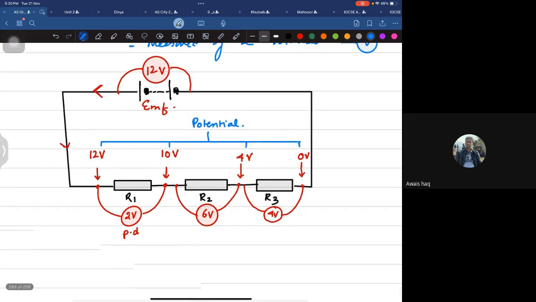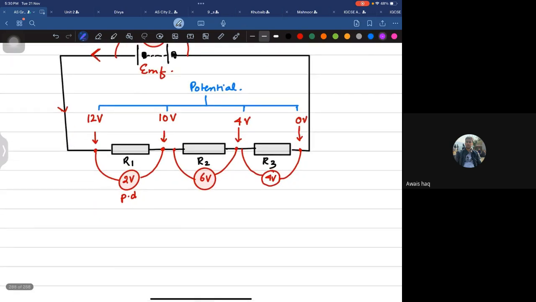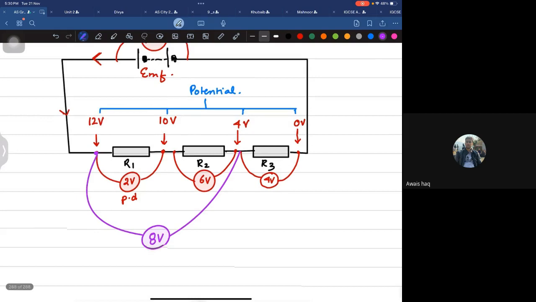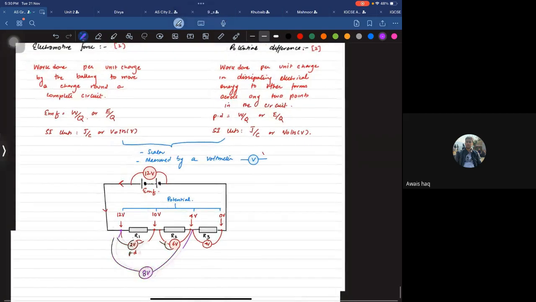For example, if you say I'm going to find the potential between this point and this point, that should give you a potential difference of 8 volts, because 4 minus 12 has to be 8. Is it clear, everyone? Any questions? Please let me know.